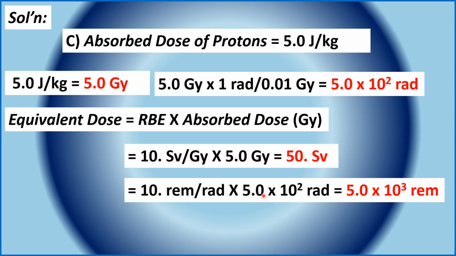Multiplying that by the same value of RBE, 10 rem per rad, the unit rad cancels out, and multiplying 10 by 5.0 times 10 to the second power, we get the equivalent dose equal to 5.0 times 10 to the third rem, or 5,000 rem.